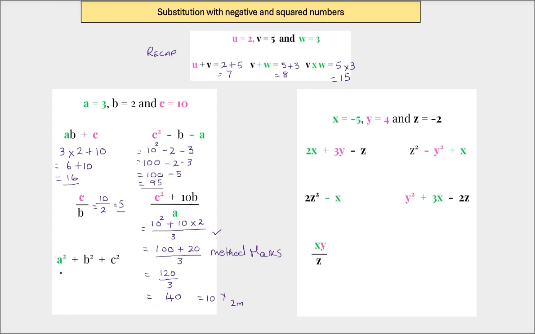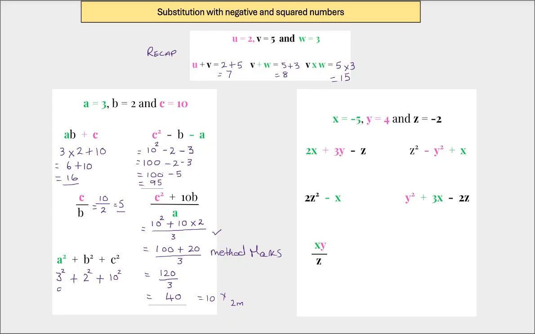So let's go on to this one. So we've got a squared. These are all quite easy to do because we've got no negatives to replace b, which is 2 squared, plus c, which is 10 squared. So there's no negatives, there's no confusion.